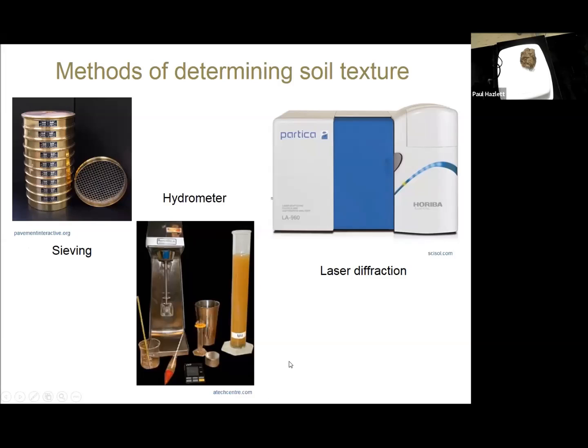The second one, which is very commonly used and is more precise than the sieving method, is something called the hydrometer method. And the equipment that's needed for the hydrometer method is shown here. First of all, we've got a milkshake machine. And what we do is we take the soil sample and put it in a cup like this with distilled water and put it on the milkshake machine and run that machine for several minutes.